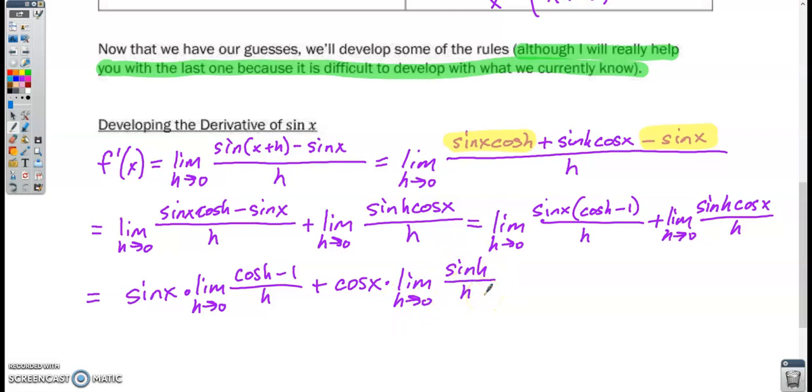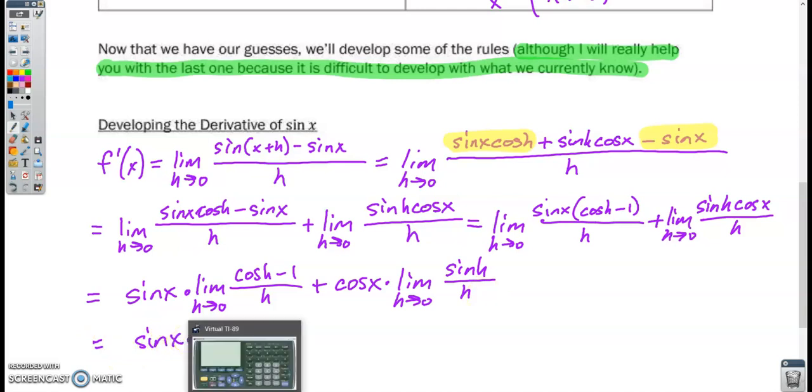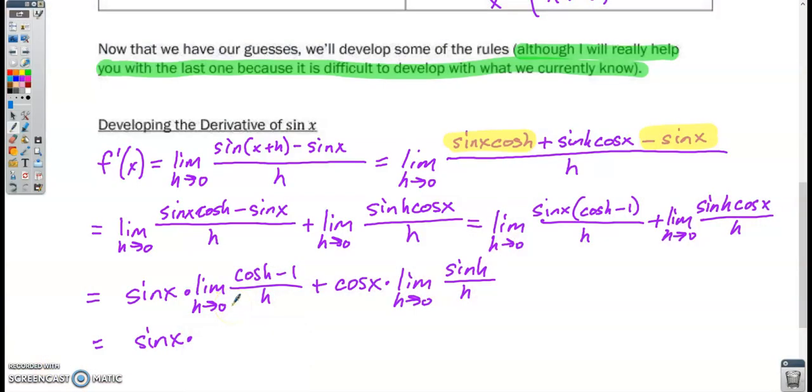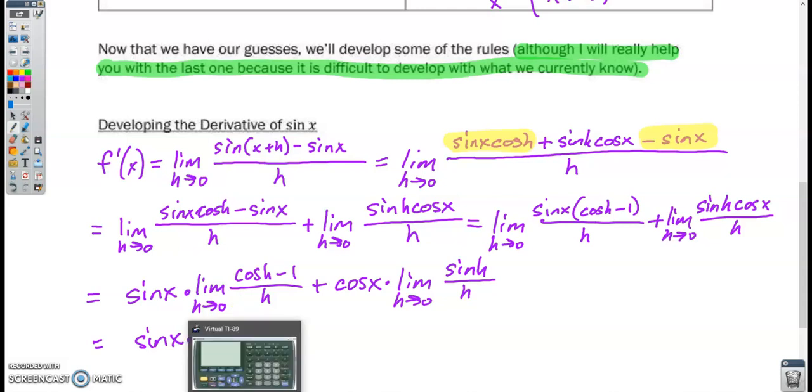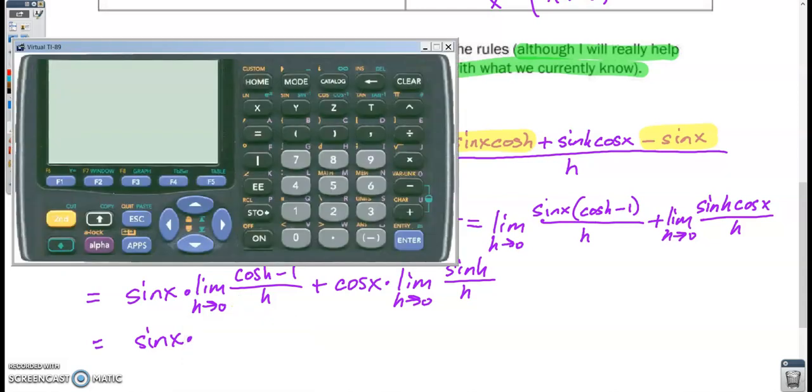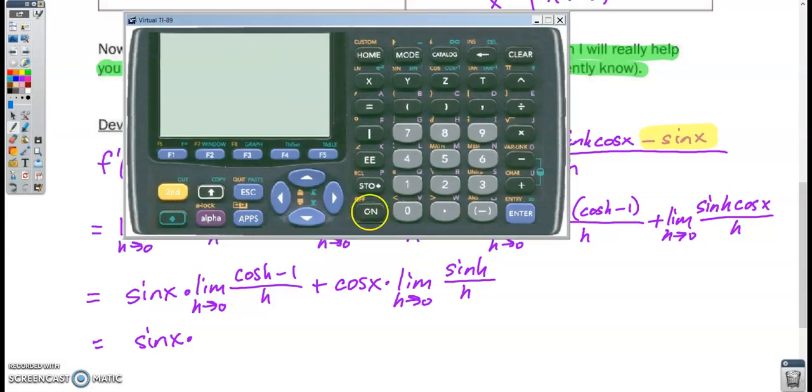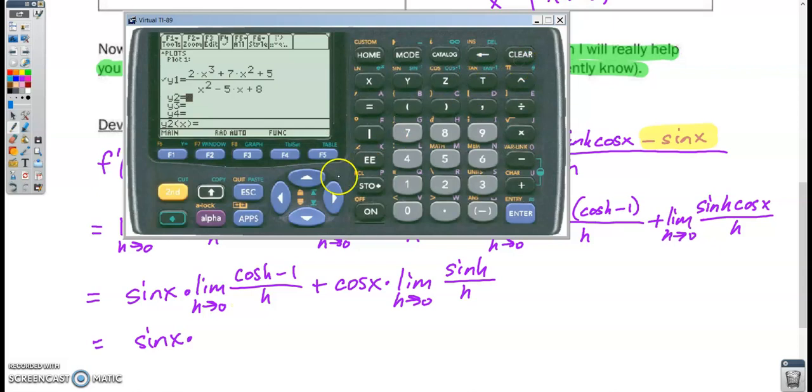And then I just need to take these limits, if I don't already know them. The limit as h approaches 0 of cosine of h minus 1 all over h. I don't know if... do you know that one off the top of your head? If you don't, I'm going to go ahead and use a table on my calculator to find this quickly.